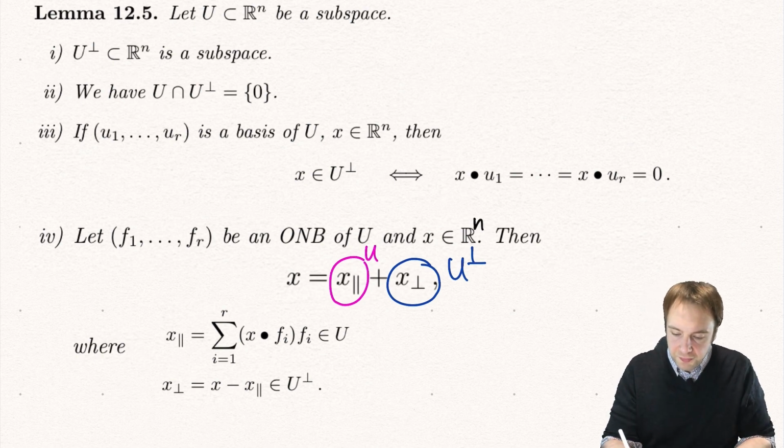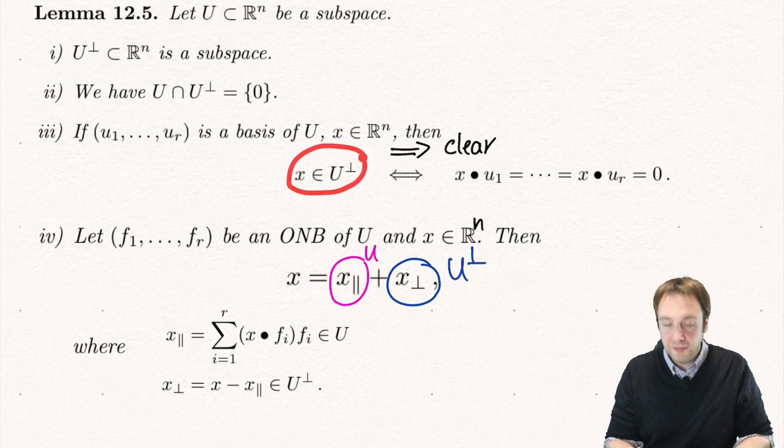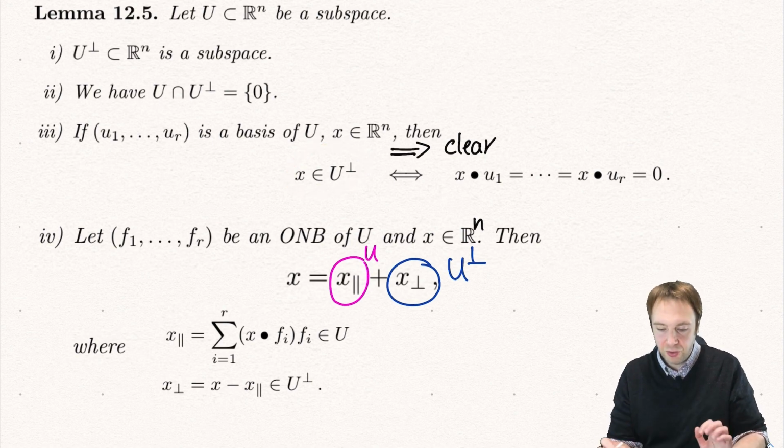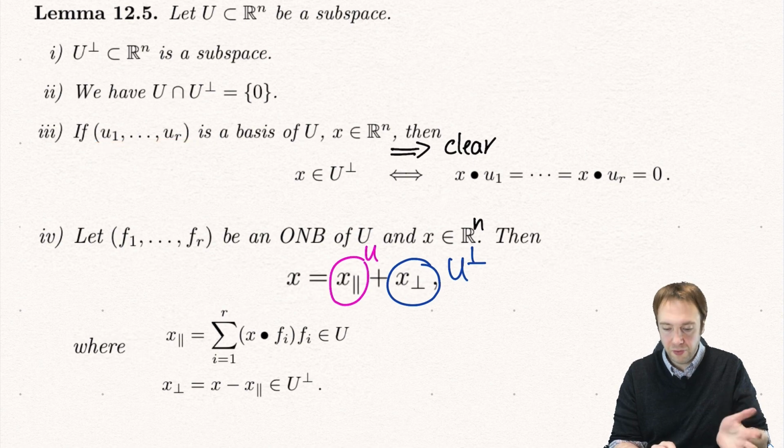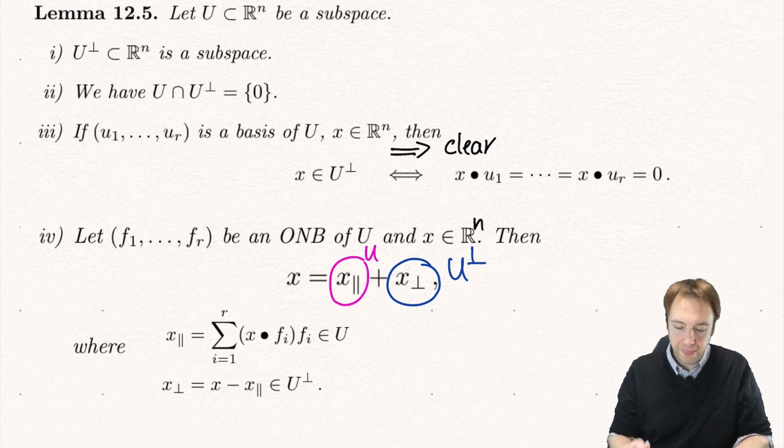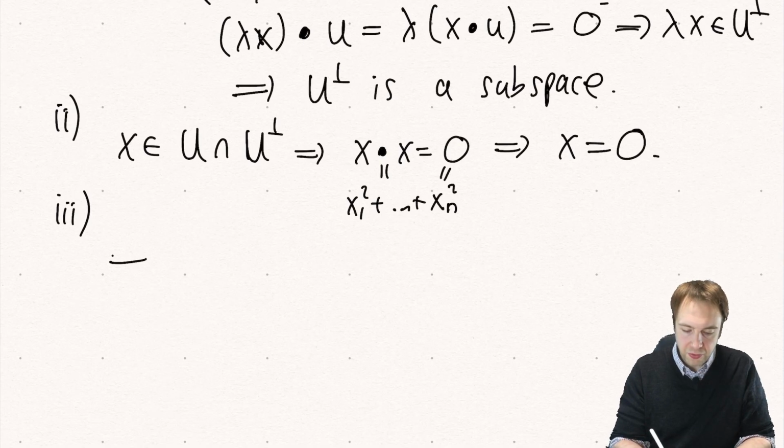This direction here is clear, because if it's in the orthogonal complement, it's orthogonal to every element in U. So in particular, it's orthogonal to the basis vectors of U. So we just need to show this direction here.